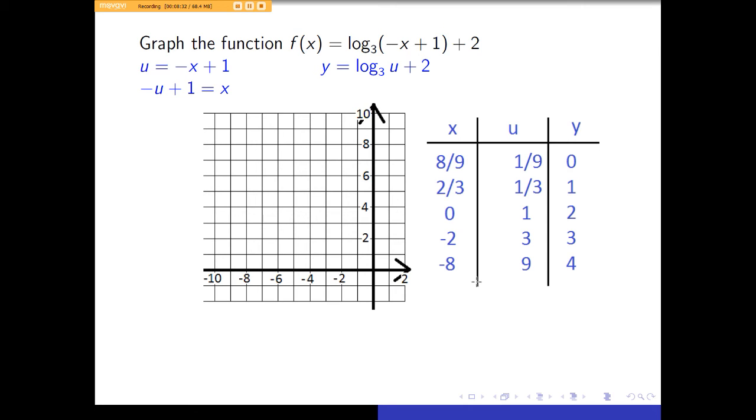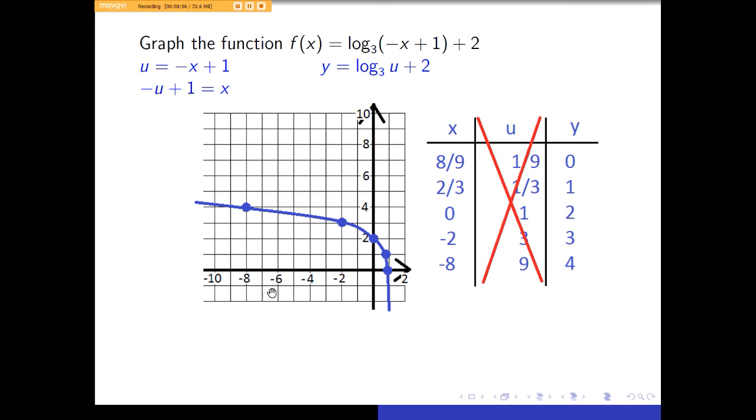Okay, so then we cross out our u column and go and plot. When x is 8/9, that's over here, y is 0. When x is 2/3, y is 1. And when x is 0, y is 2. When x is negative 2, y is 3. And when x is negative 8, y is 4.